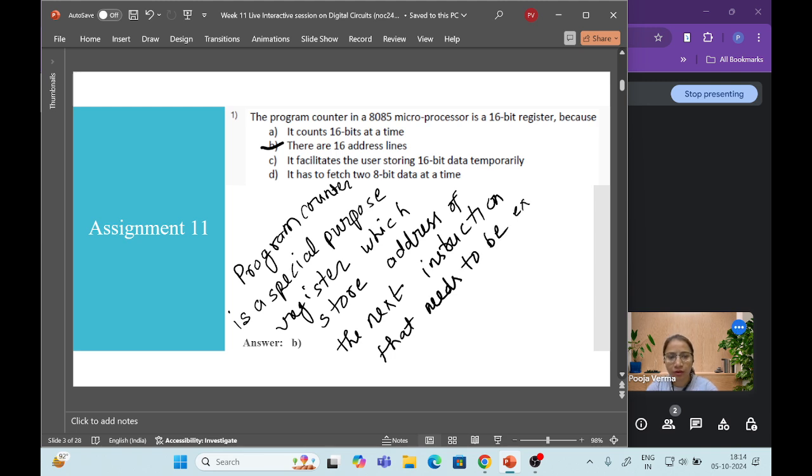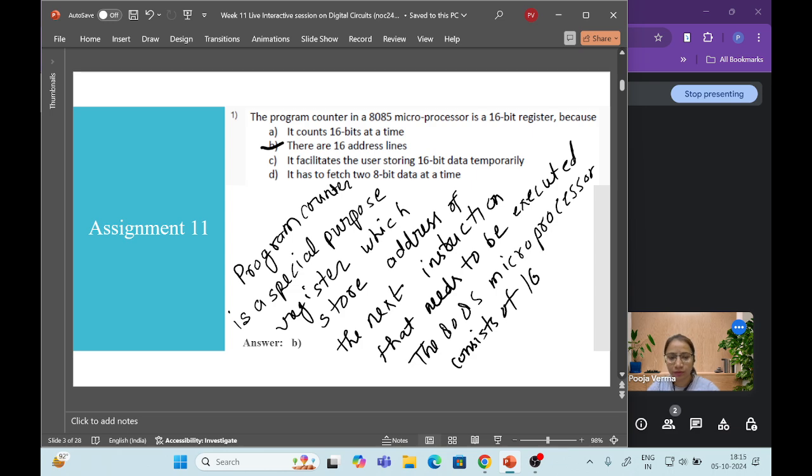The 8085 microprocessor consists of a 16-line address bus, so that is a 16-bit address. So the correct option is B.